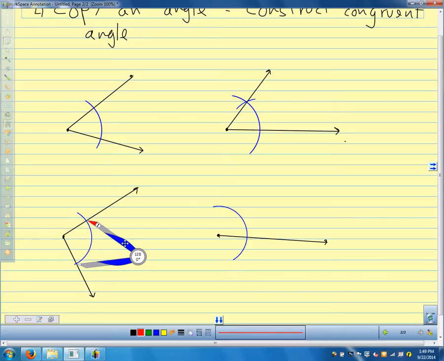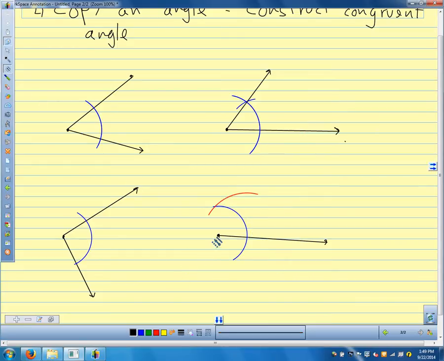And then I'm going to move the compass, set the point on where the arc crosses the ray on this angle, and draw a nice arc. And then with your straight edge, through the vertex to where that little X is made, we draw our new angle.